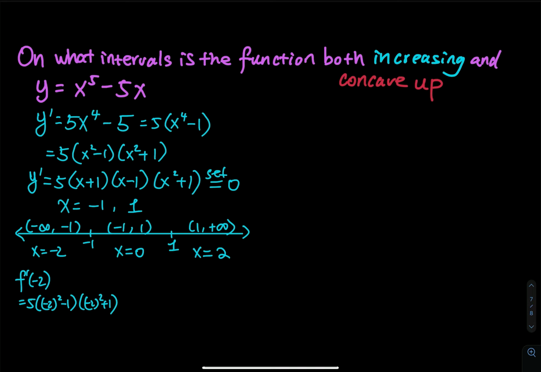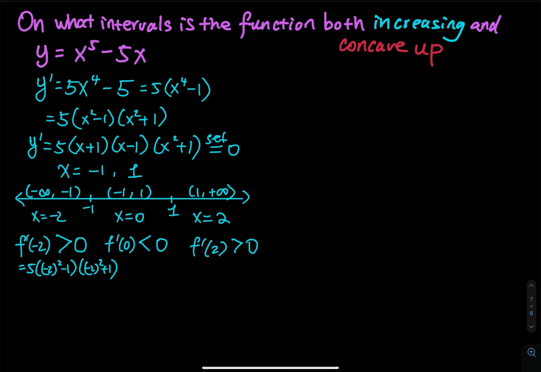Something like this, and here you test f prime of 0 and f prime of 2. I need to know whether that is positive or negative. I did the math already. So after you plug in -2 into the first derivative, this is positive, this is negative, and then this is positive. Either you just take my work, or you can try to do the plug-in and the arithmetic by yourself.